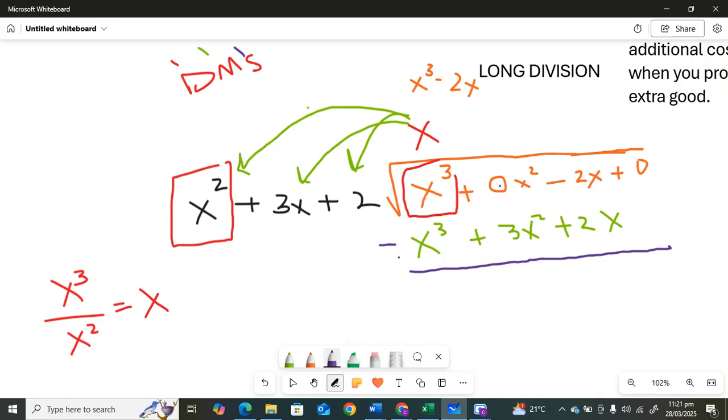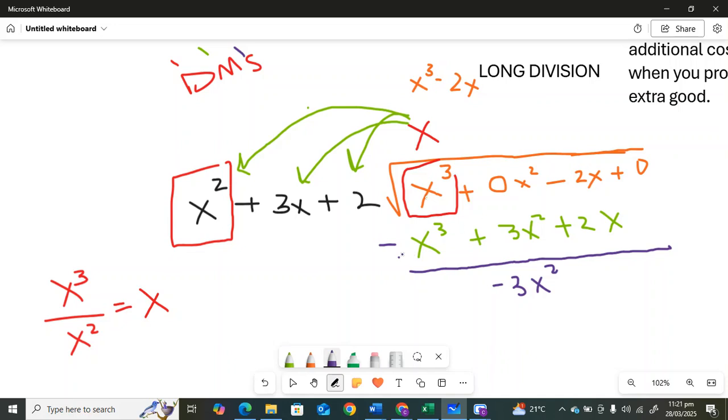And the next one, 0x squared minus 3x squared, you get negative 3x squared. The next one, negative 2x minus 2x. Okay, we get negative 4x, right?